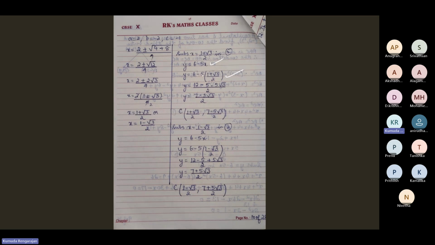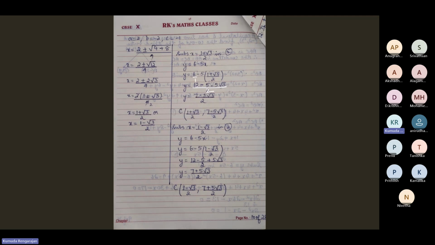I've taken the LCM also. y is equal to, 2 is the common denominator. So 2 into 6, 12, because it's by 1.